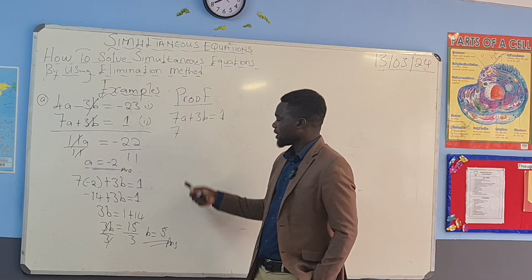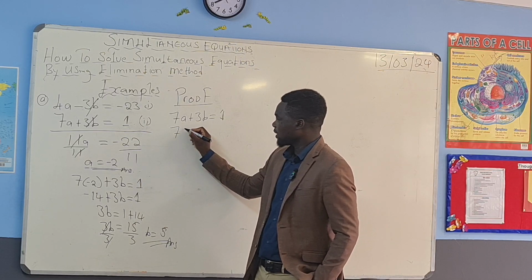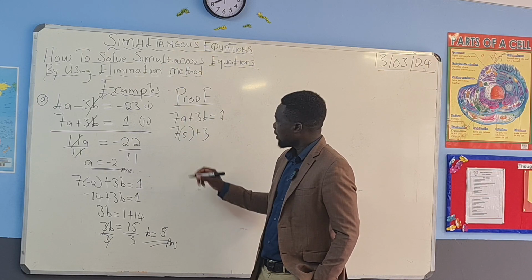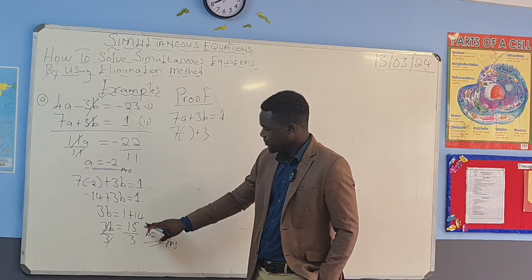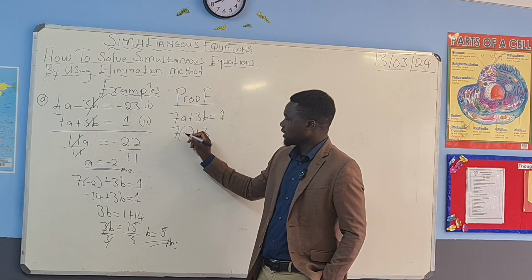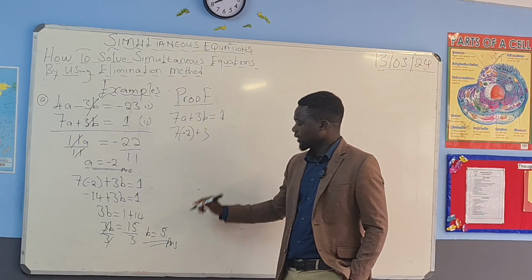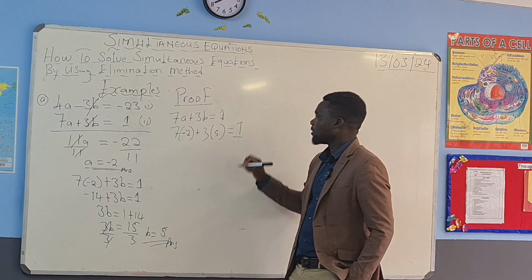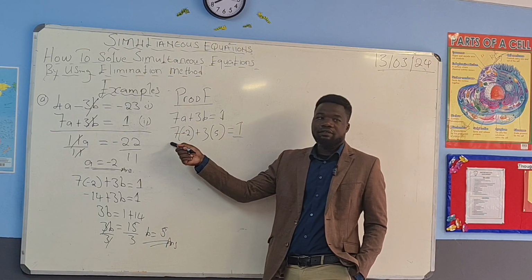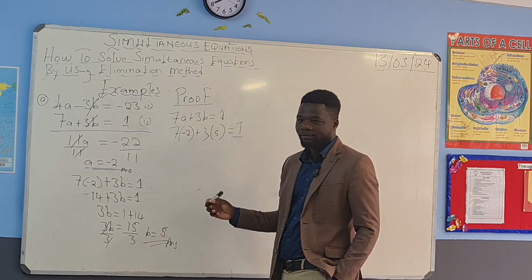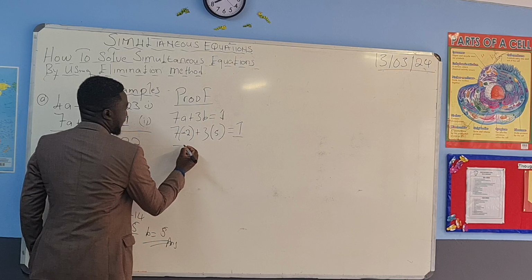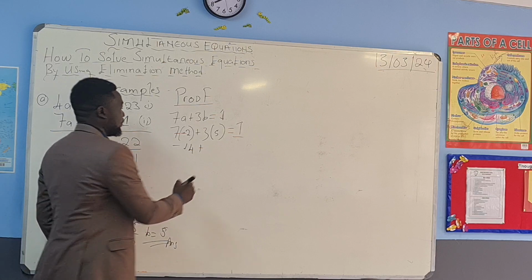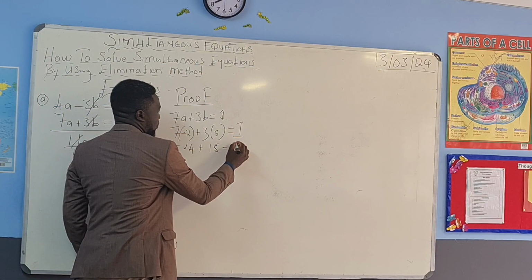So let's try that. b is 5, and a is negative 2. So 7 times negative 2 is negative 14, then plus 3 times 5 is 15, which should be equal to 1.